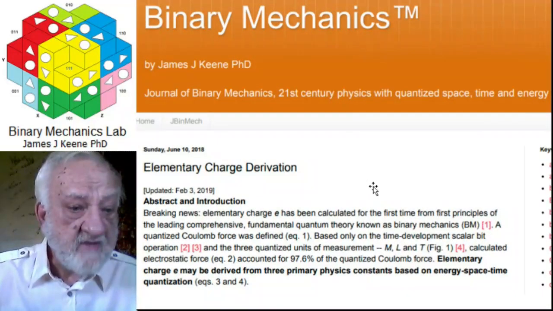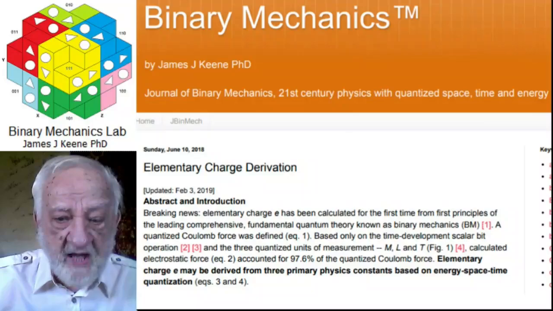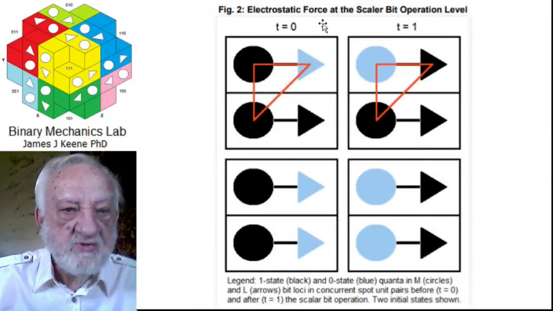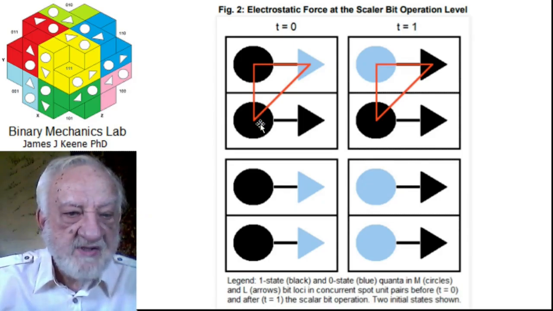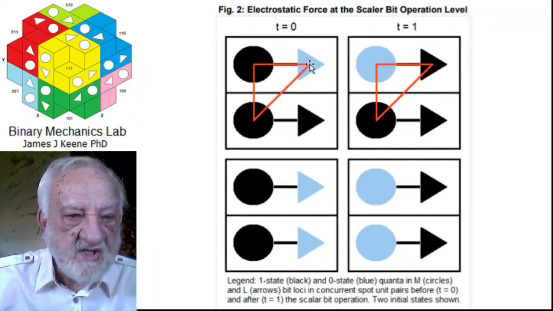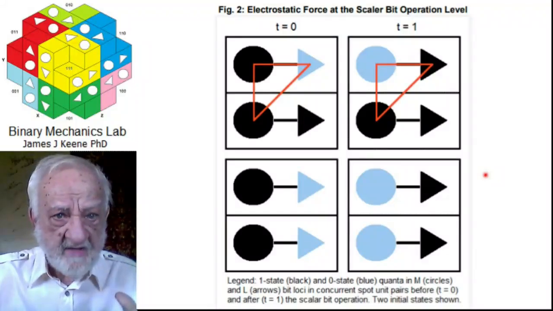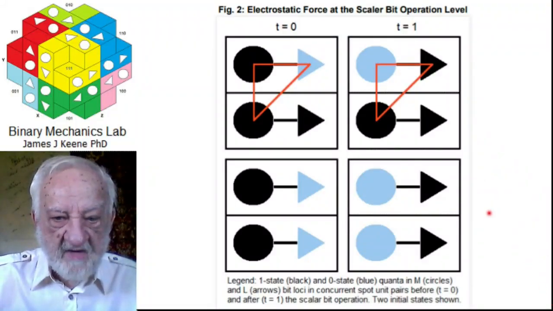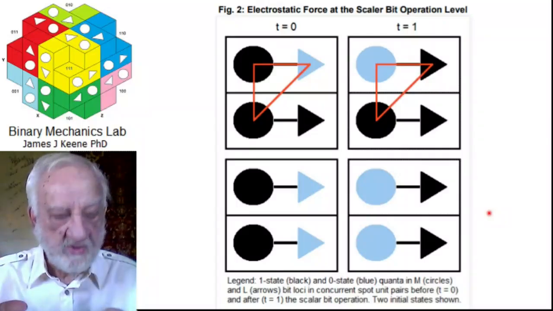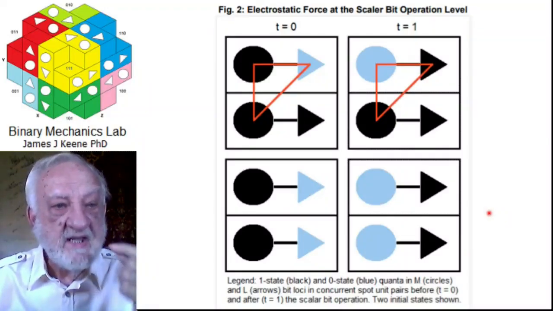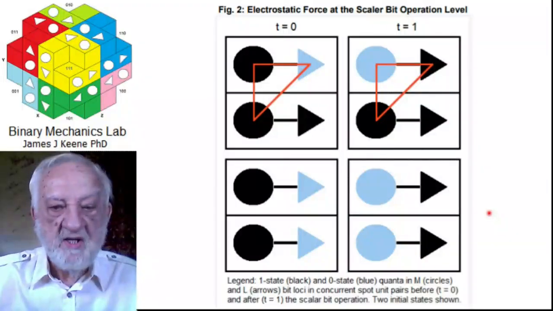Elementary charge derivation. We can take a look at what happens with the electrostatic force in the scalar bit operation. If two like-signed charges, these are the M-type quanta shown by circles, if one moves this distance, the separation then is the hypotenuse, and we can calculate what the electrostatic force actually is, and therefore determine, using Coulomb's equation, what the value of the elementary electric charge is.